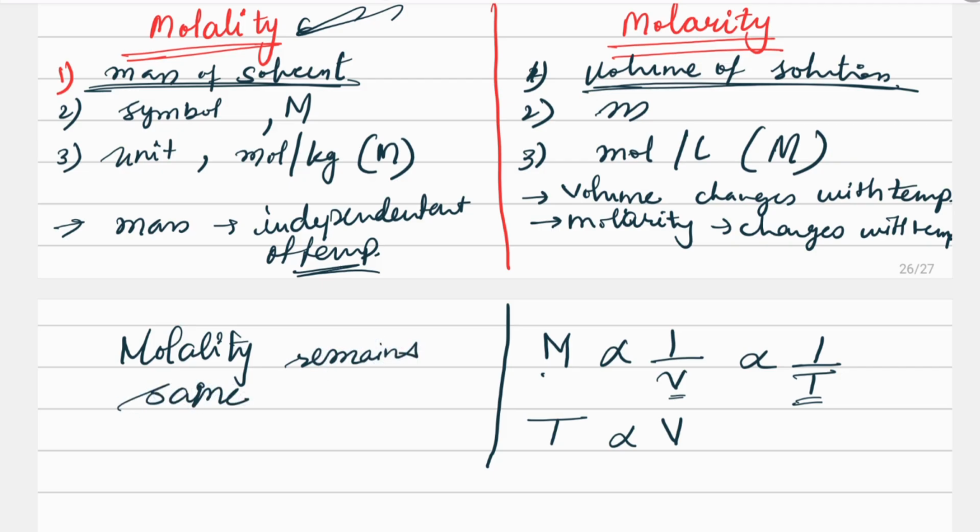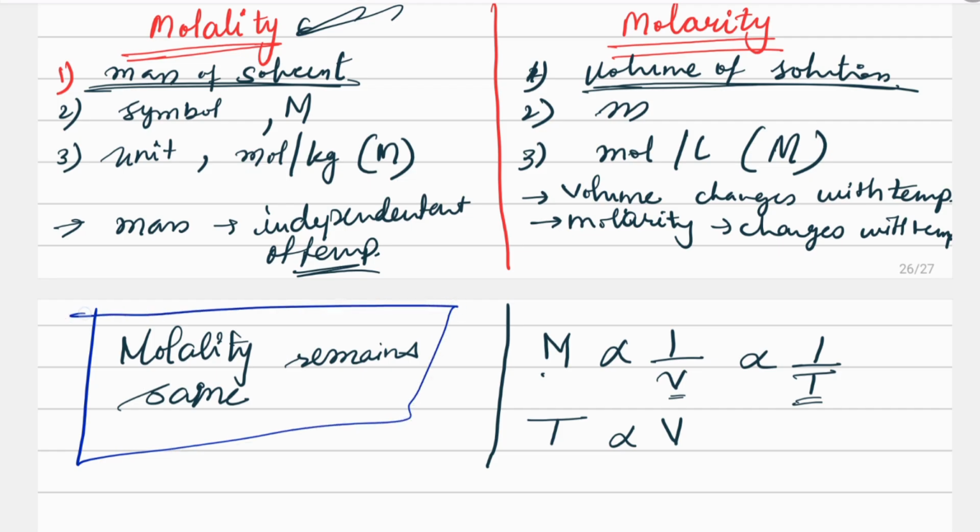So if I ask you which one is preferred, which one is better, it is obvious from this that molality remains the same in all types of temperature conditions. So molality is better, and molarity should not be chosen in any case. Okay, so this was the difference between molality and molarity.